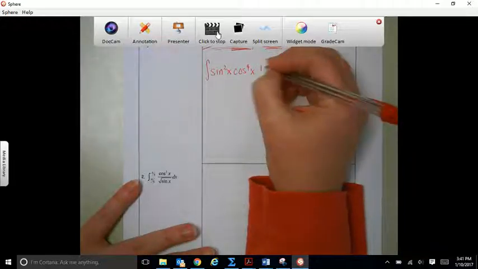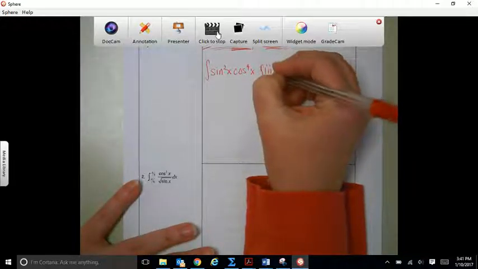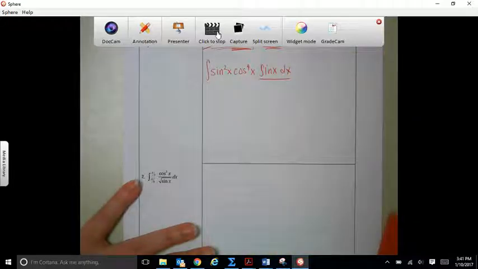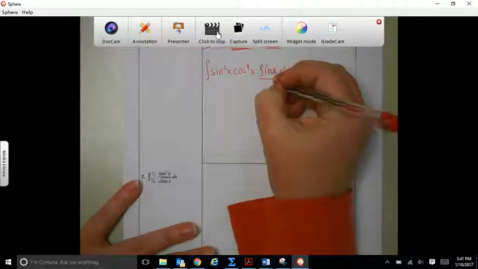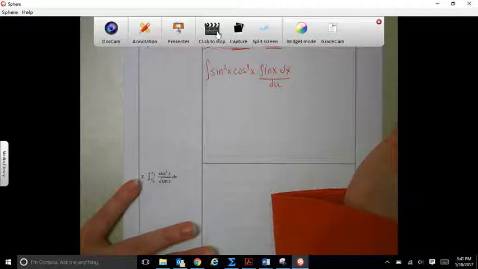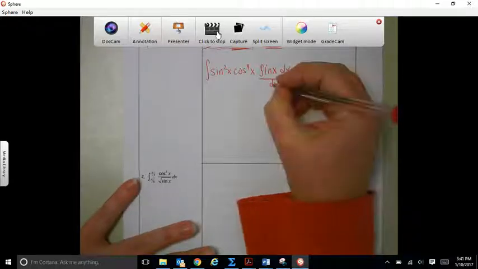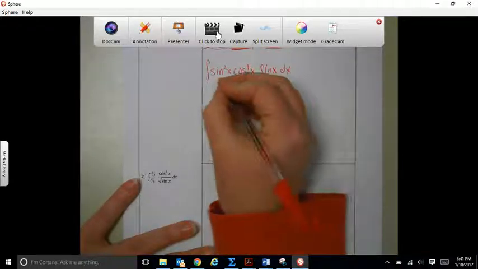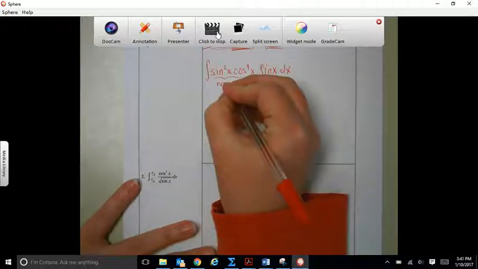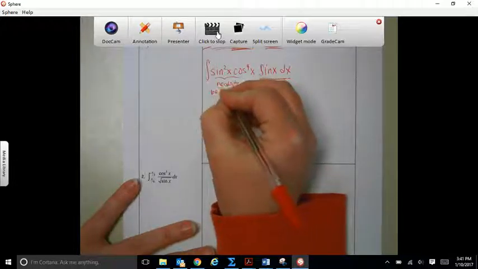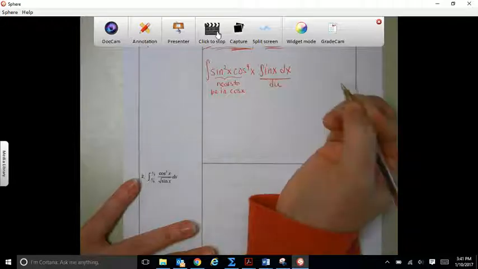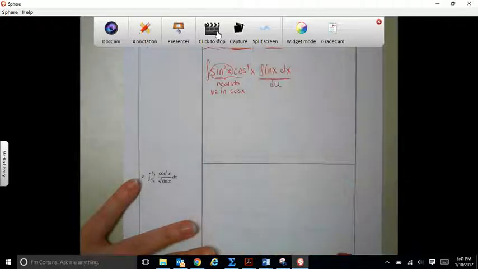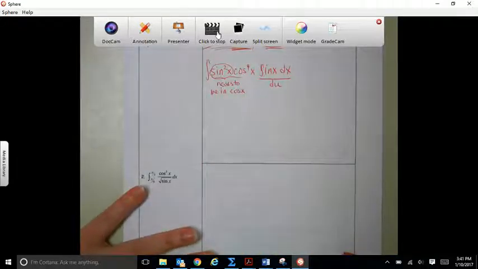So all I've done is rewrite this problem where I'm trying to get this to be my du. So if that's what's going to be my du, then the rest needs to be in cosine. So I've got to get that sine squared to be in cosine.